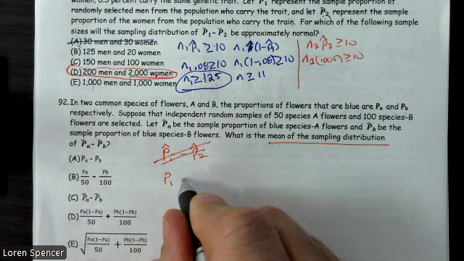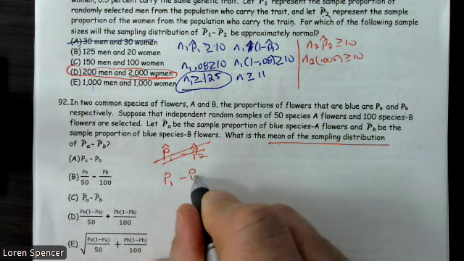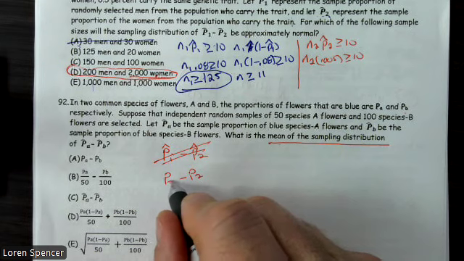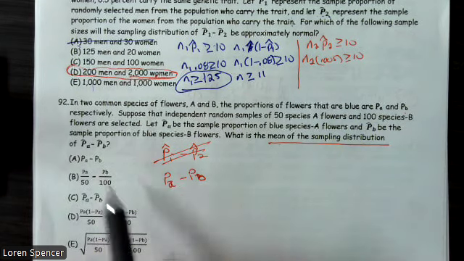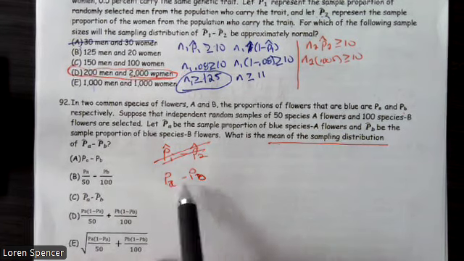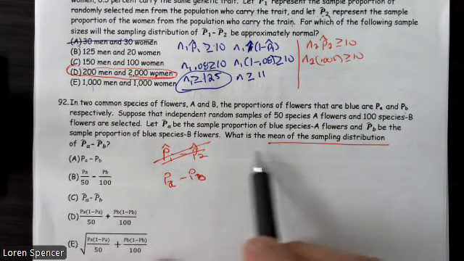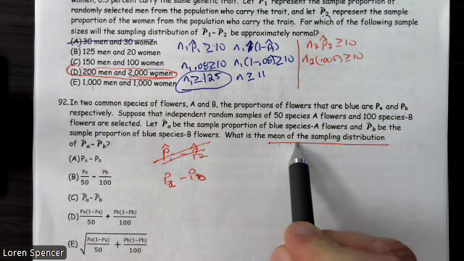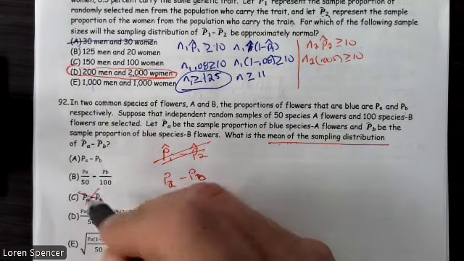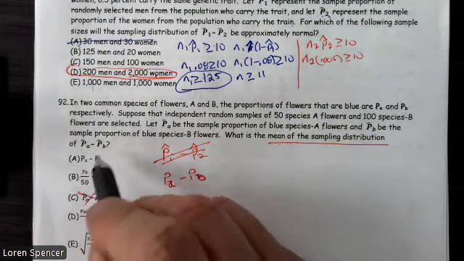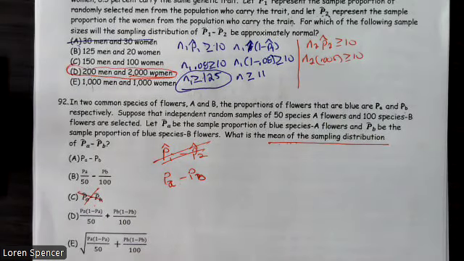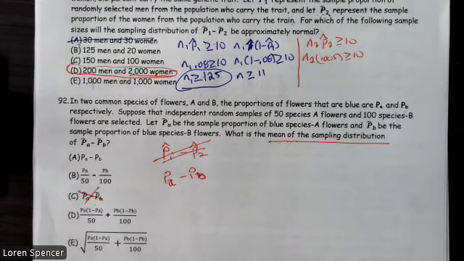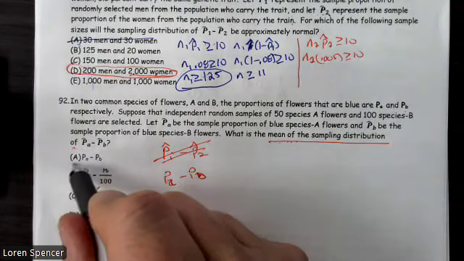So we need p1 minus p2, but they said it's A and B. So the answer choice is pA minus pB. Because remember, whenever we're talking about the sampling distribution, we can get rid of all the hats. So anything with a hat is going to be wrong. That's why C is wrong. So the answer to 92 is, in fact, A.